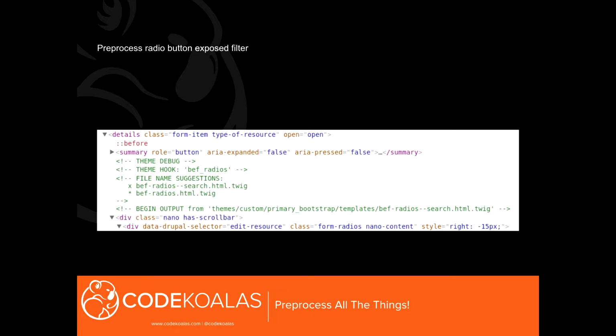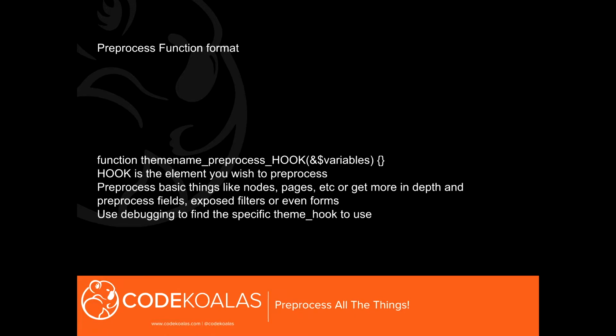Any information that gets passed to this thing on your page you can now modify and change. It's very handy if you're trying to figure out how something is being put on the page. Just find out the theme hook and you can print out the variables, which we'll discuss in a second.